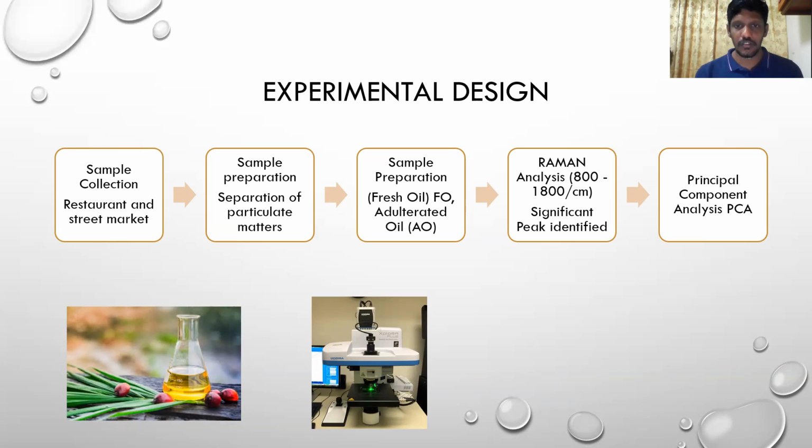Then these two sets of samples are analyzed using Raman spectroscopy with wave number from 800 to 1008, and the significant peaks are identified. And these results are plotted using principal component analysis (PCA) to visualize the distribution of the clusters and to identify the clusters that occurred.